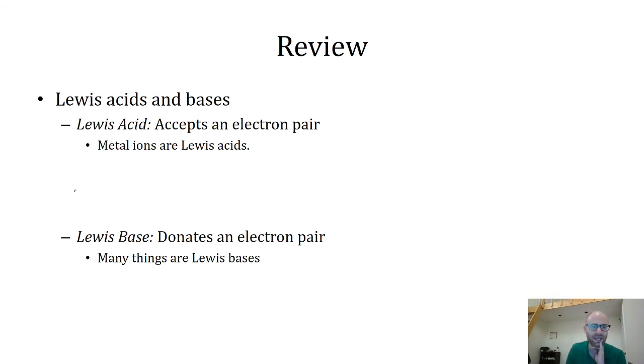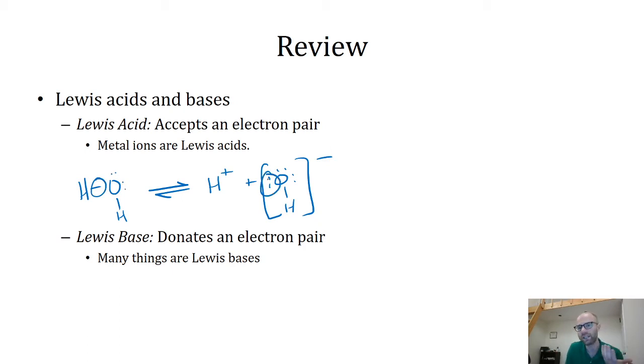That is to say, if a water were to act as an acid and dump its H+, what you could say is that this shared pair becomes an unshared pair. So really, there's a transfer of electrons from partial ownership to total ownership, or partial ownership to no ownership.